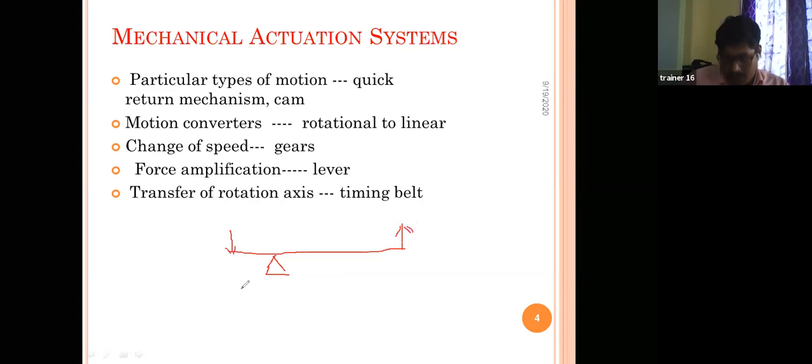When I apply the force on this side, I'm asking about the other side. What happens?